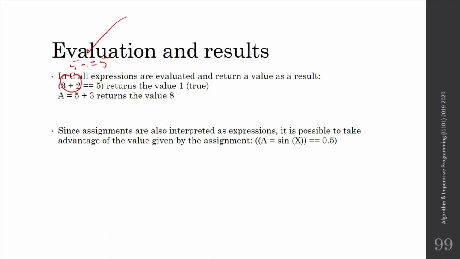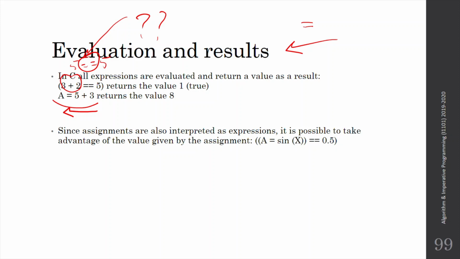I remind you that a double equal is a comparison. It means whether 5 is equal to 5. However, one single equal means assignment. It's equivalent to the arrow that we used in the first semester. So when we say a equal 5 plus 3, it means we will put 5 plus 3 in a, and the result will be 8.